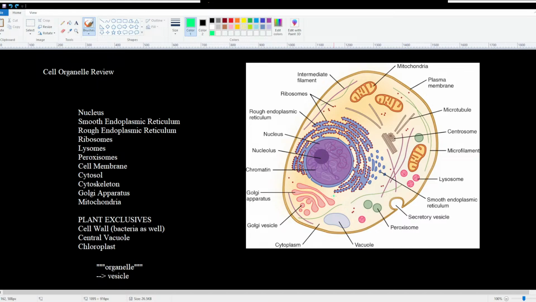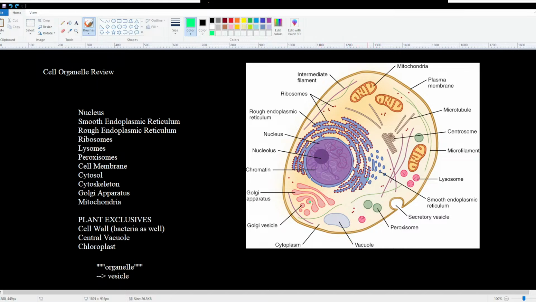The Golgi apparatus is going to process the proteins and create a vesicle. So we have the Golgi vesicle here, right? And then the Golgi vesicle is going to go out of the cell to where it needs to go. The Golgi apparatus is like a postal service. You put the label on the box, and then you ship out the box to wherever it needs to go. That's what the Golgi apparatus does.